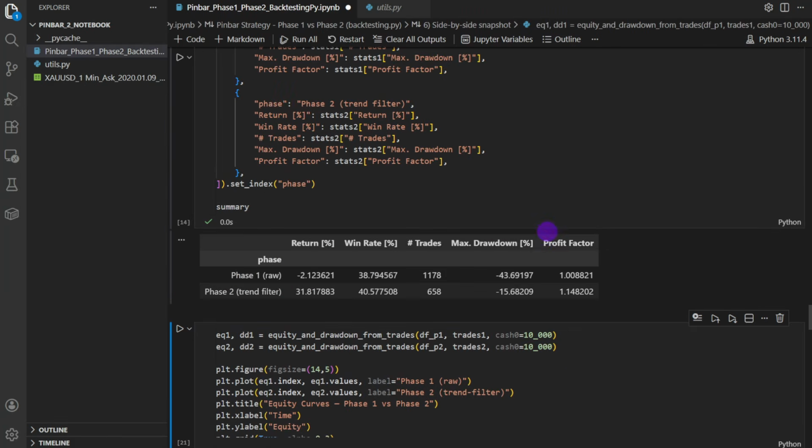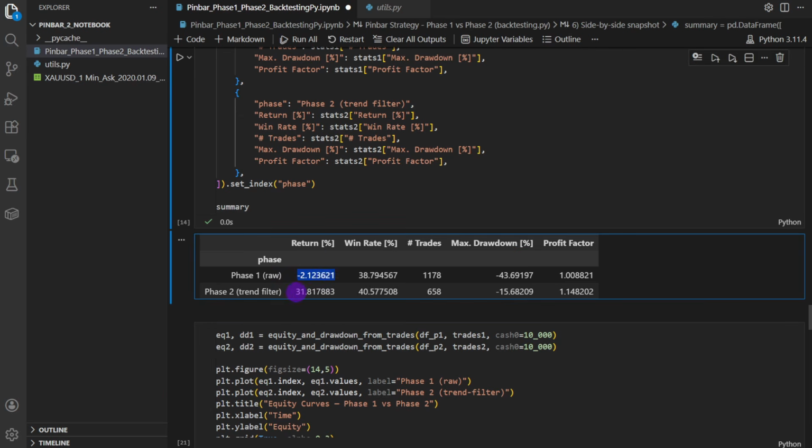Side-by-side snapshot, if you want to take a look at phase one and phase two, you can see that we have returns minus 2%, 31%. We went from a 38% win rate to 40% win rate. So that's not very different, but since the returns are different, it's a very good indicator. We're not only selecting better trades, we are selecting a much better context in phase two for the pin bars.